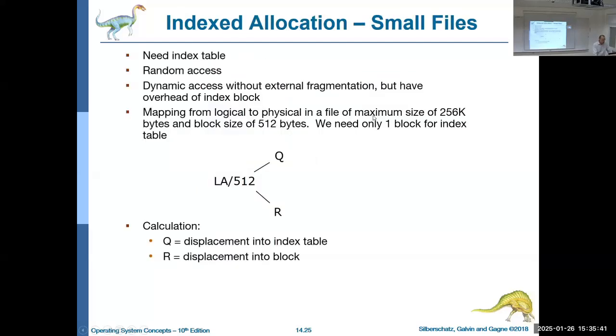Mapping from logical to physical address in a file with a maximum size of 256K bytes. And a block size, we only need 1 block for the index table. Right, okay, well, why 256K and not 512K? Because each row is 2 bytes long?